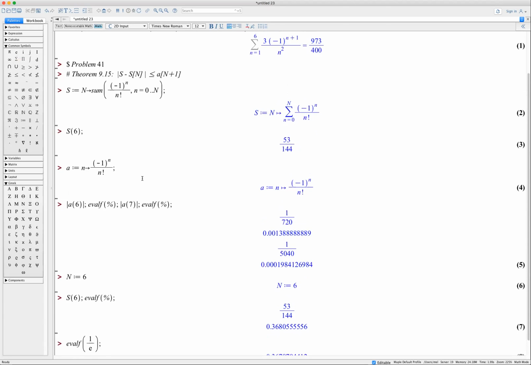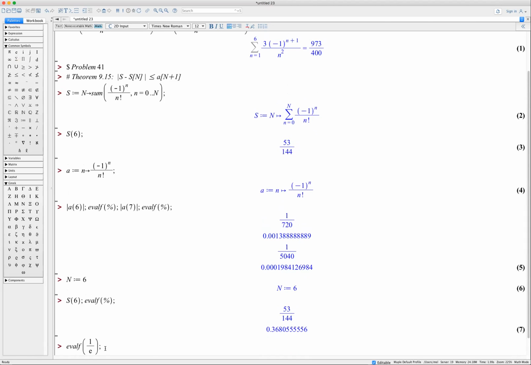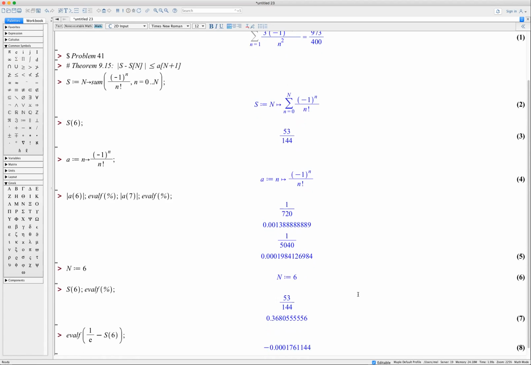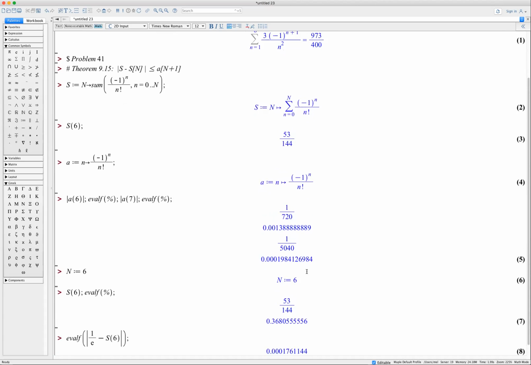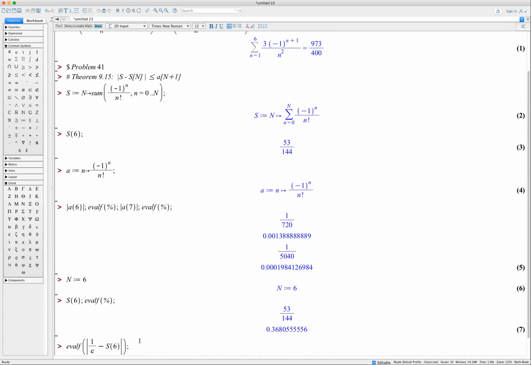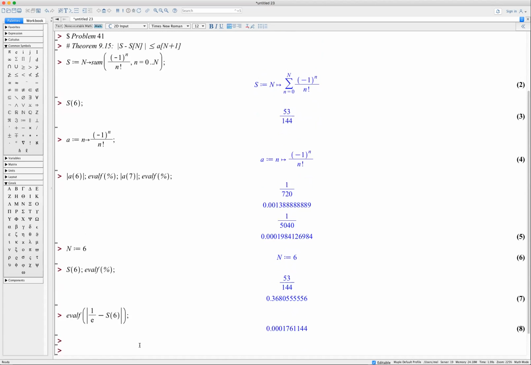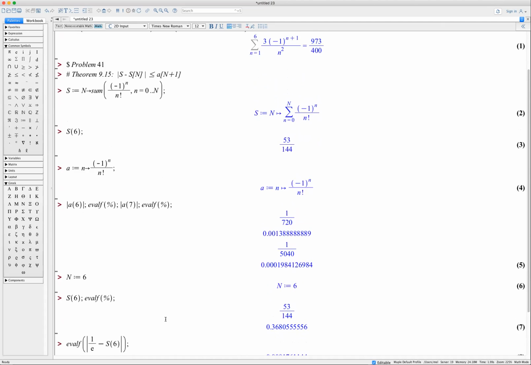So what I really want to know is the difference, 1 over e minus s of 6. Make this absolute value.